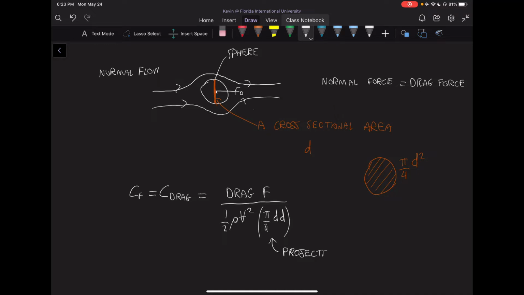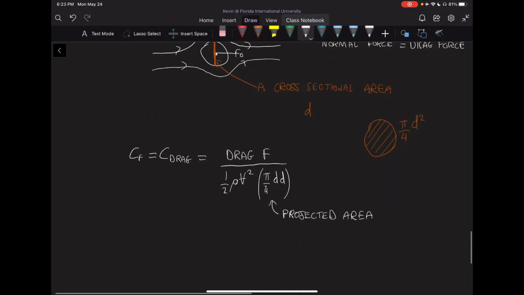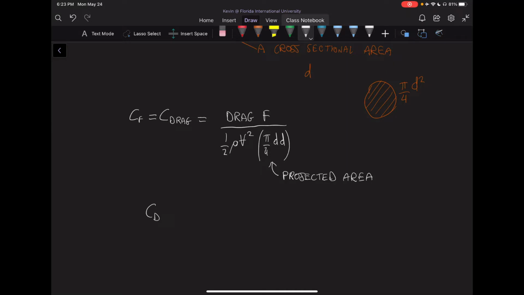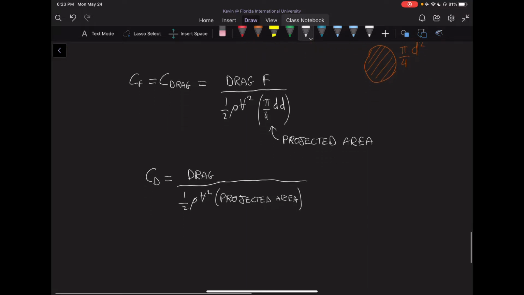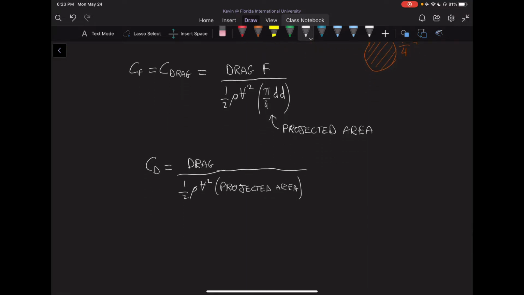It's the projected area of our system. So by dimensional analysis, if we have a normal flow on a sphere, we can say that CD is equal to the drag divided by 1/2 rho v squared times the projected area, and that means we can actually find our coefficient of drag should be equal for all different sizes.